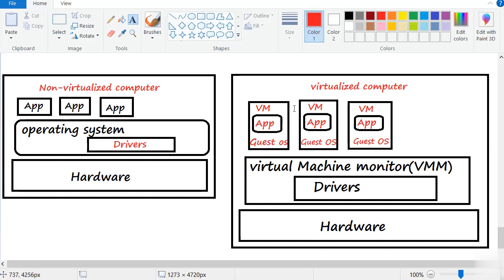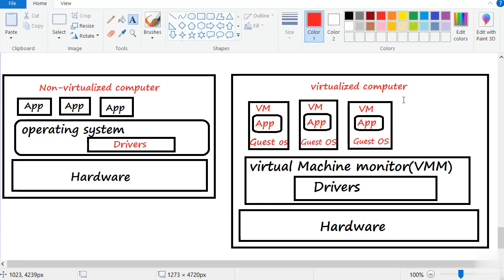And I am running 3 virtual machines in a virtualized computer as 3 guest OS. This is a Windows OS, this is a Linux OS, this is an Ubuntu OS. You can install one OS in another OS in virtualized computers. Nowadays in your Windows OS you can install Ubuntu, you can install Linux. How is it working? Internally this process is going on.